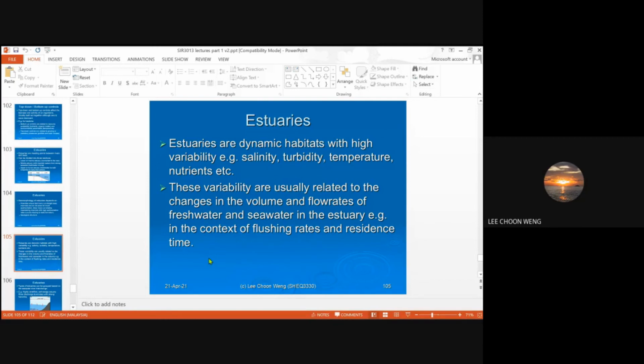So yeah, because you want to make sure that the biological organisms there can survive. So if the pollutant remains in the estuary for a long time, it might have irreversible effects upon the biological community in the river mouth.